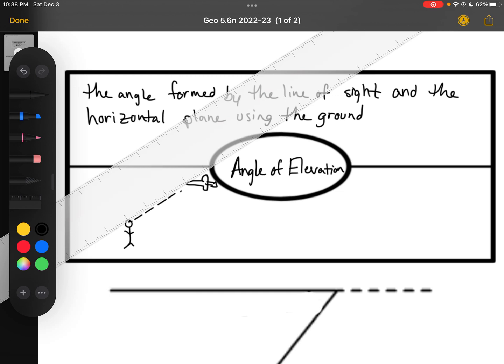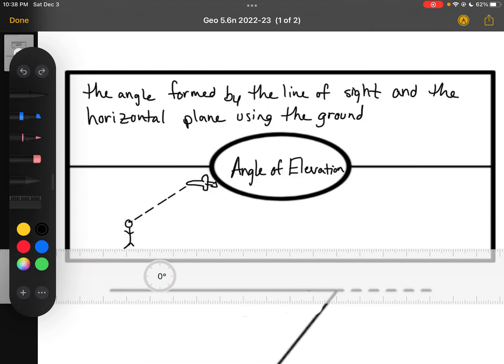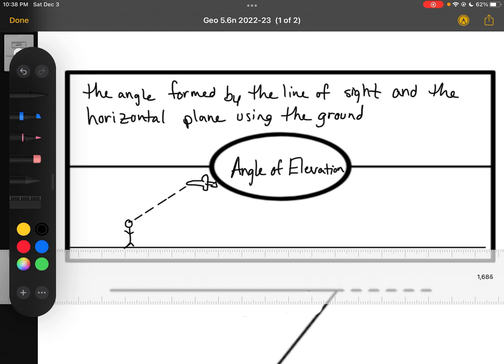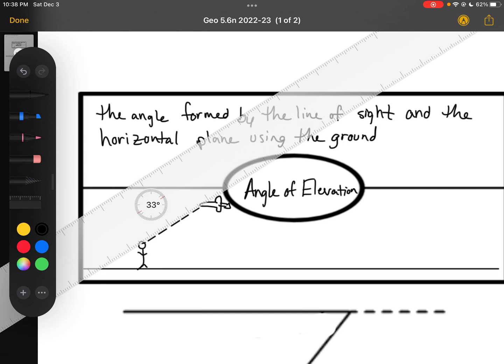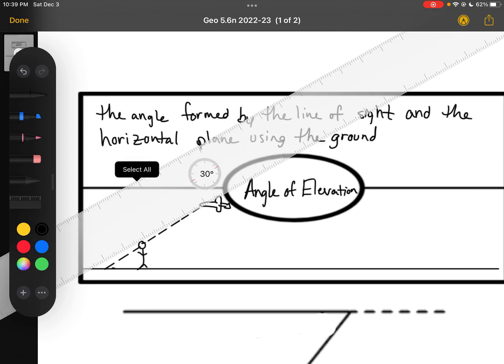So if we trace that here, and I'll have to draw the ground first, if we're standing on the ground, and we continue this line here, we trace this all the way to the ground, what we're going to find is our angle of elevation.